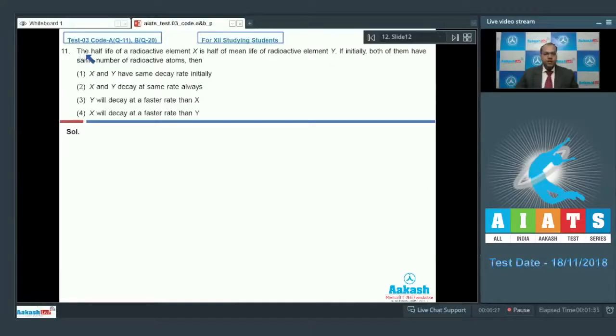In question number 11, the half-life of a radioactive element X is half of the mean life of radioactive element Y. If initially both of them have the same number of radioactive atoms, then we have to check the validity of these statements.